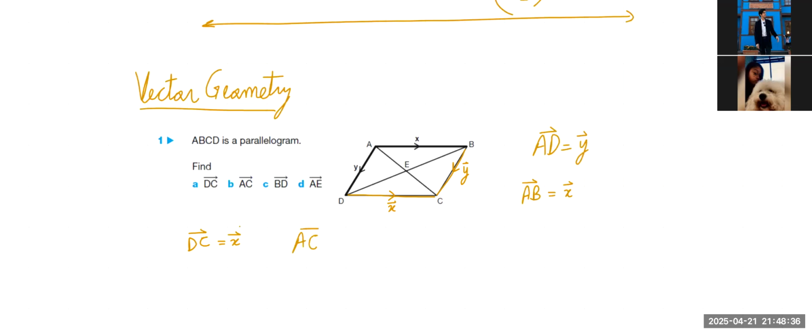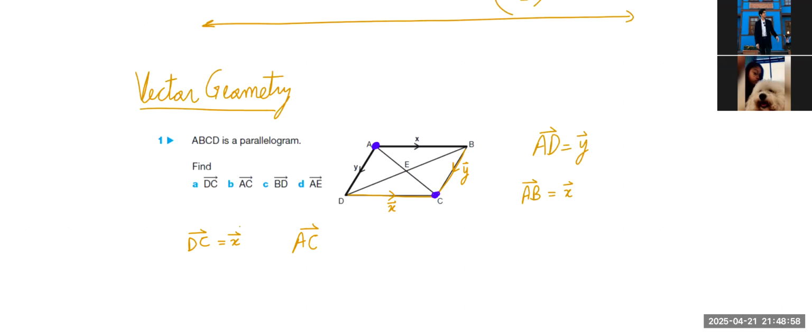What about AC though? Now, to find AC, what you have to do is start at the beginning of AC, which is A, and try to get to C without actually using AC, because you don't know what AC is. That is almost like a game. So you need to travel from A to C without using AC. Okay? So there's two ways.